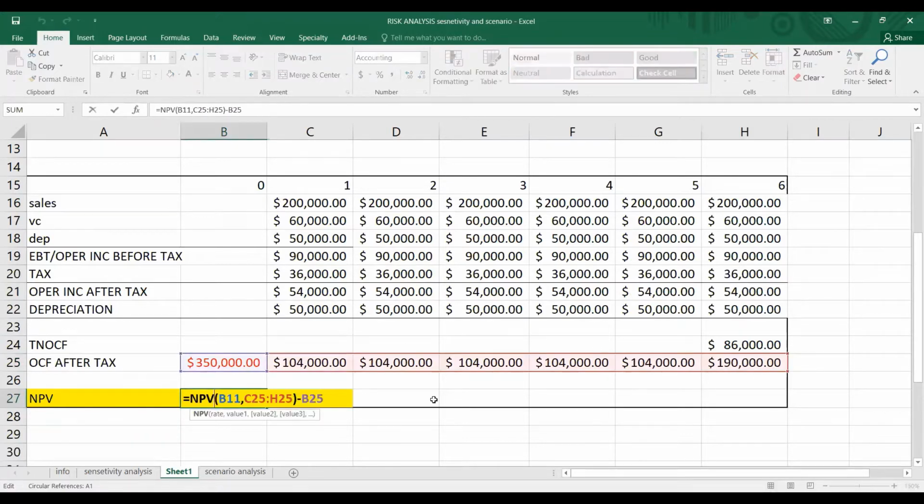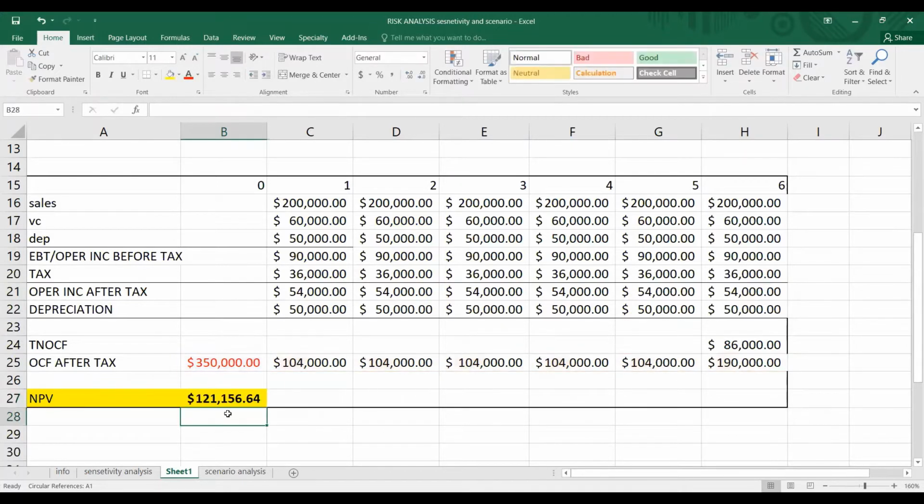And the NPV is estimated, as you know, from the Excel function, here.